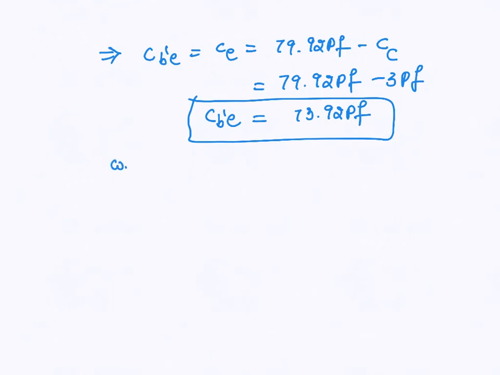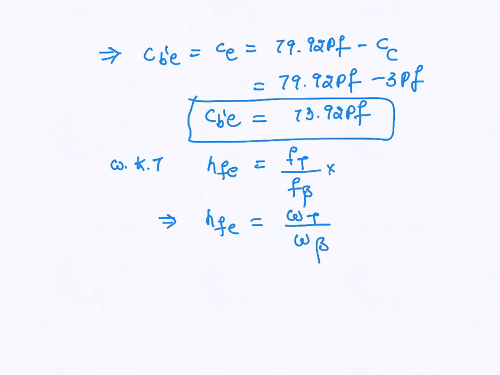Next one, we know that hfe is equal to fT by f beta. So we can write hfe equals omega T by omega beta, that means we have to multiply and divide with 2 pi.